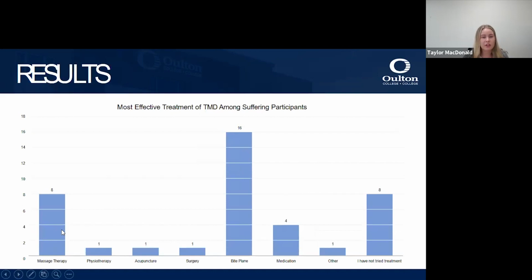And then as for the most effective treatments of TMD amongst the participants, bite plane was also very common, which we were expecting to see, seeing as the non-surgical treatment methods are most common. It was followed by massage therapy and those who have also not tried any treatment.